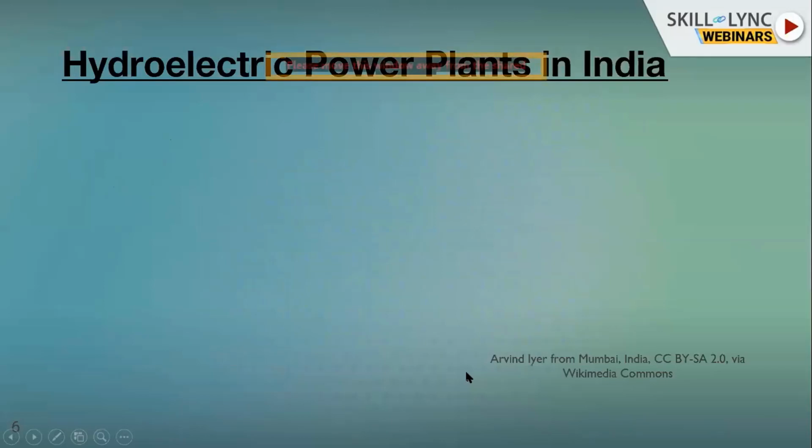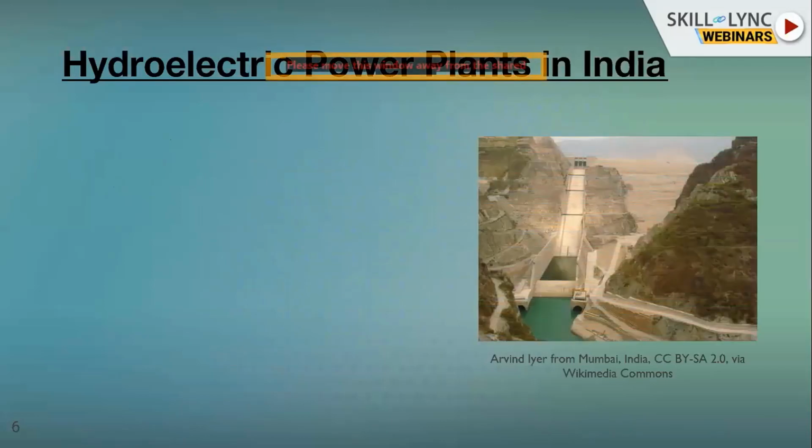All right, just to give you an example of how electricity is generated from a dam, and what the status of India is in hydroelectric power generation.